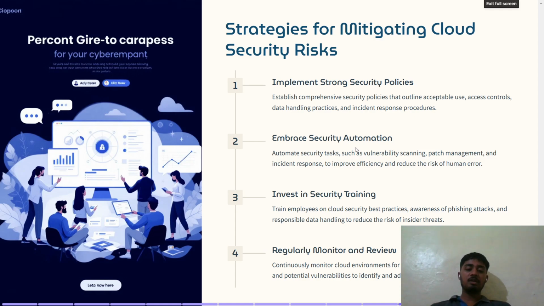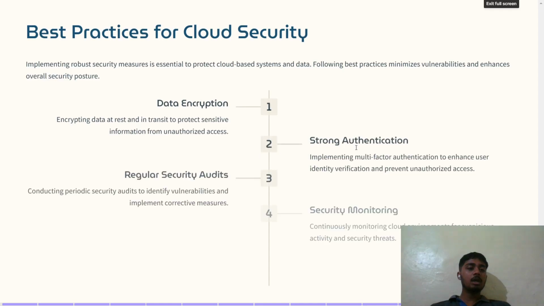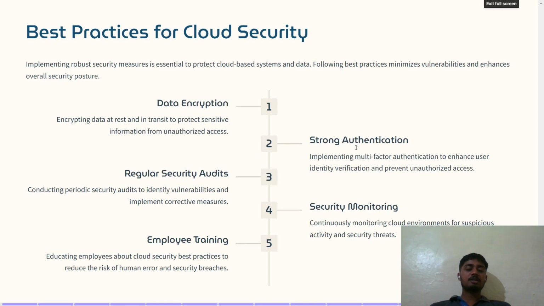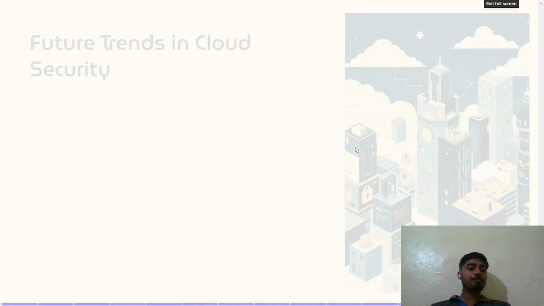As we have discussed previously, train employees on cloud security best practices and awareness of phishing attacks so that the risk of insider threats can be reduced. And at last, regularly monitoring and reviewing is very necessary for the mitigation of cloud security risk. And these are also the best practices for cloud security that we have discussed earlier, like data encryption, strong authentication, regular security audits, security monitoring, and employee training for better security and reducing the risk of data breaches.